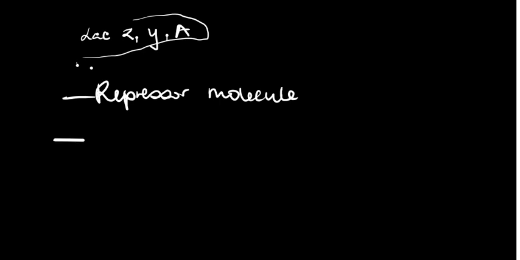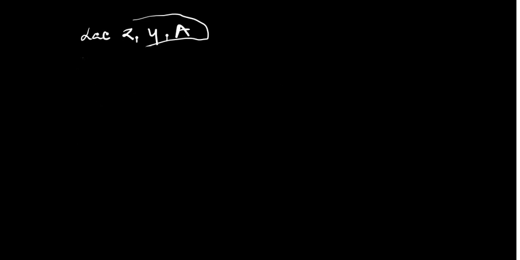The repressor molecule has two active sites. So in order for you to understand this, let me have something diagrammatic that will help you understand. The Lac Operon is something like this. I'm sure you've seen it in your lecture notes.